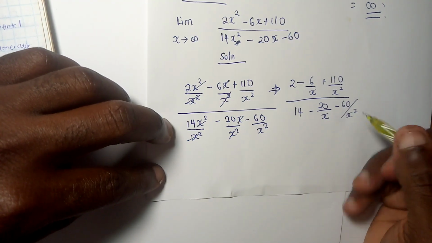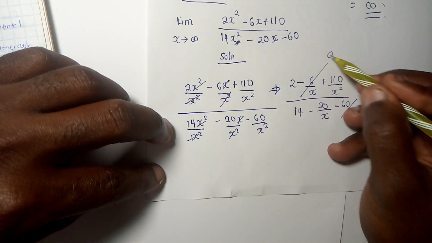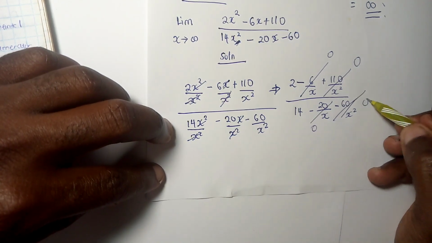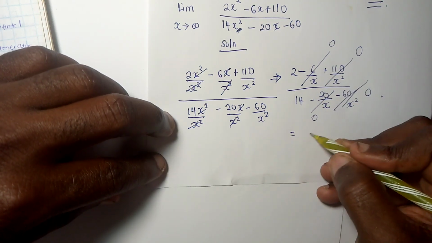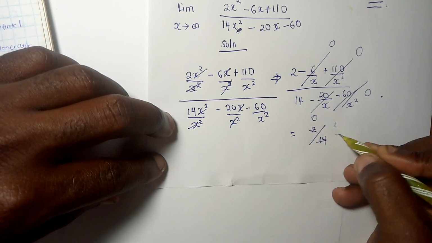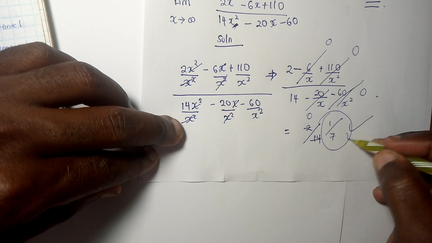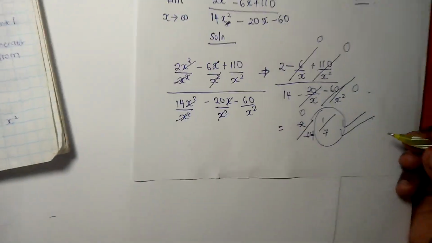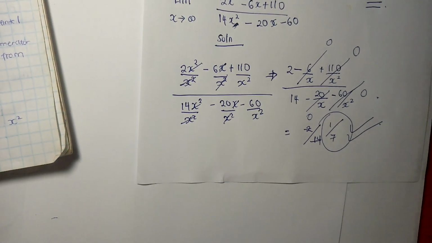Where there's x replaced with infinity, a very large value, these terms will tend towards 0. So we remain with the limit answer as 2 over 14, which you can simplify further as 1 over 7. If you have 1 over 7 as the answer, then you are good to go. That is how you evaluate limits as x approaches infinity or a very large value.